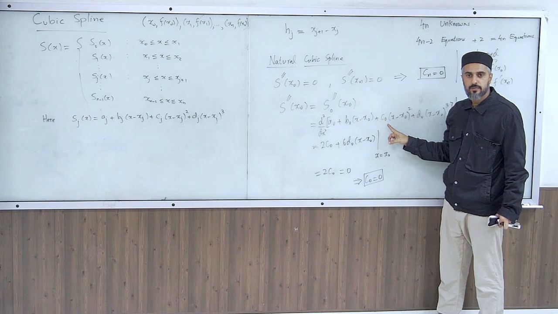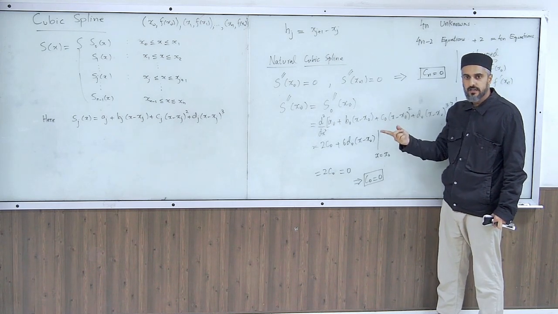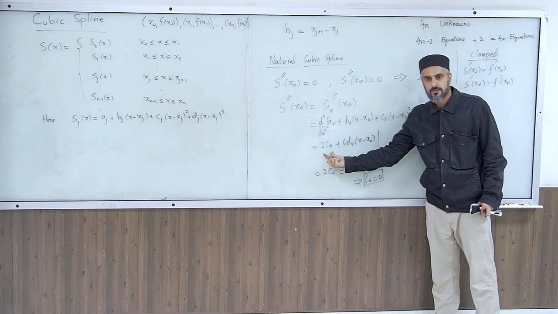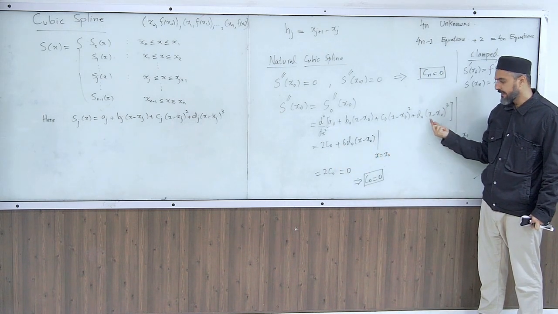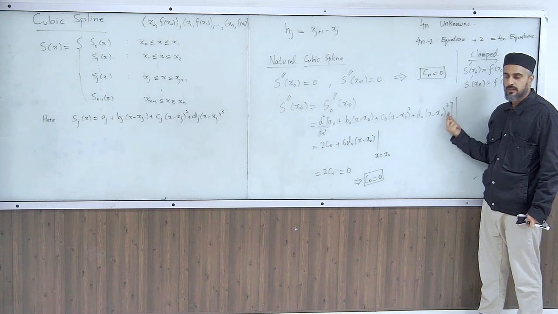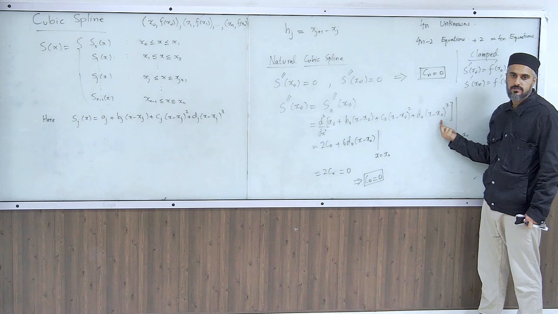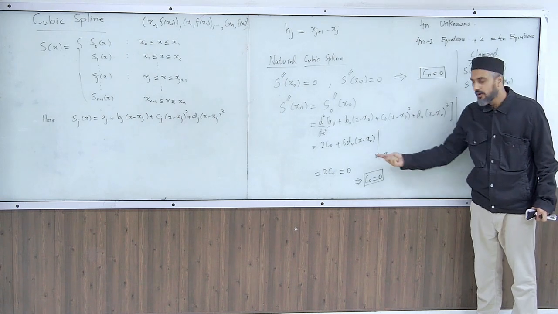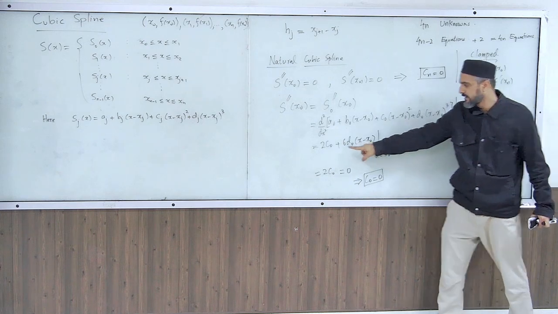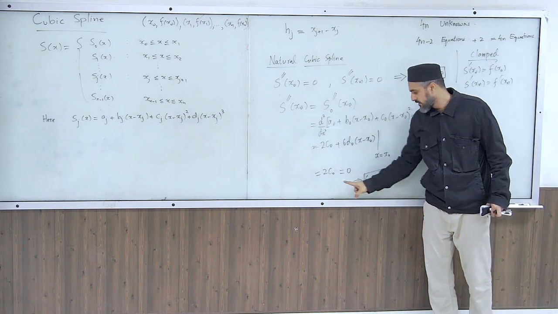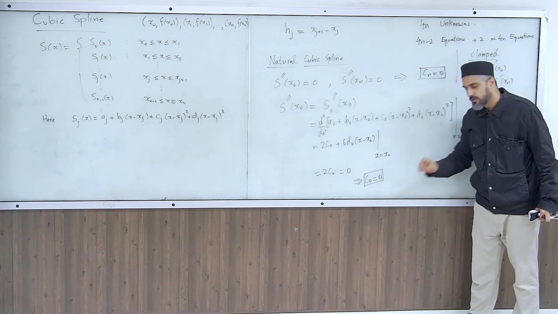Now if you take a derivative over here, it will be 2c0 (x minus x0), and the second derivative will be 2c0. The first derivative of the cubic term will be 3d0 (x minus x0) squared, and the second derivative will be 6d0 (x minus x0). Now if you replace x with x0, this term will go to 0. We only remain with 2c0, and this equals 0 by the natural conditions. That's why we got c0 equals 0.